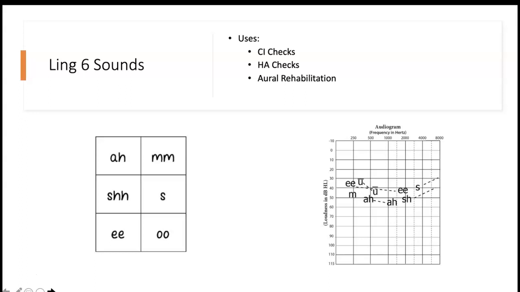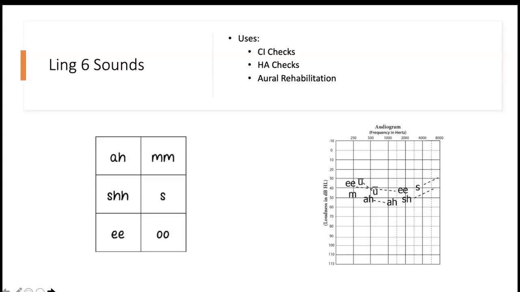And so if you look to the right, you can see the audiogram as to where most of those sounds fall. But E, if you remember, has a low formant 1 and then a high formant 2 and high formant 3, versus ah, which is more central, which has formants that are equally distributed in terms of frequency, so they're kind of equidistant.